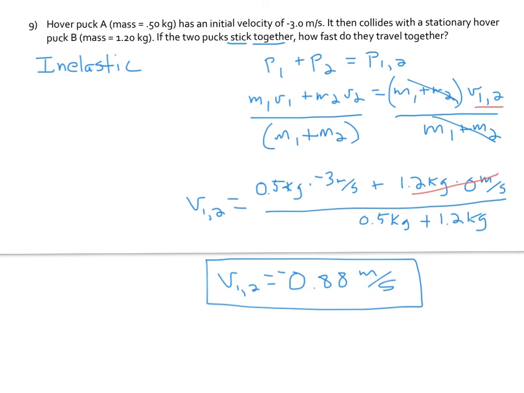So Mr. Kim was trying to be a little tricky here by giving you an initial velocity of puck A that was negative. Now, it shouldn't matter. If we call that direction that puck A is going positive or negative, no matter what, as long as you're consistent, you're going to get full points on the test. You just have to make sure that you plug in that -3, and then when you get a negative answer for the combination of both of them as they travel at the end, that you realize it's still in the same direction.